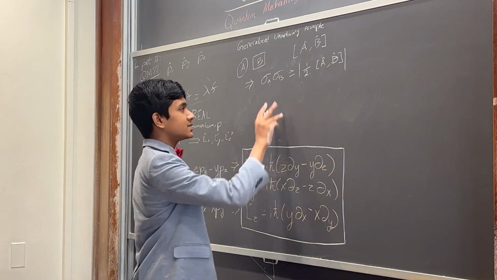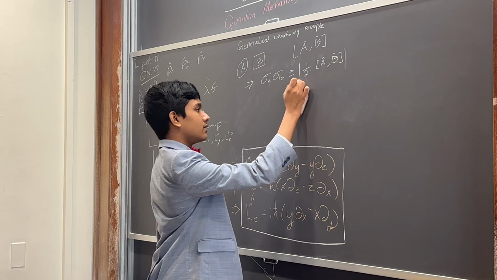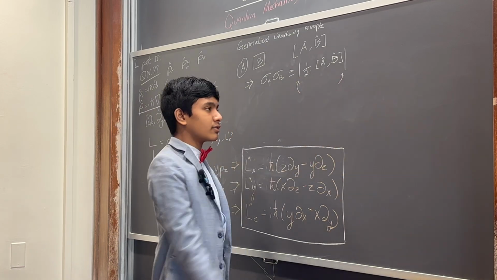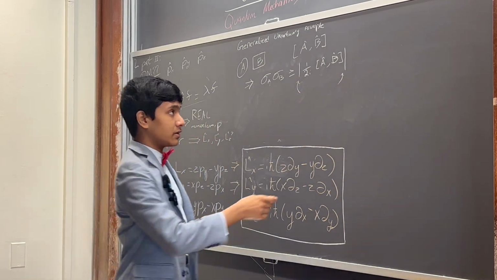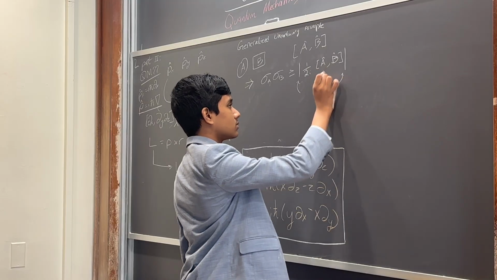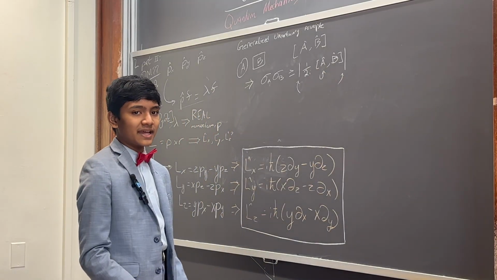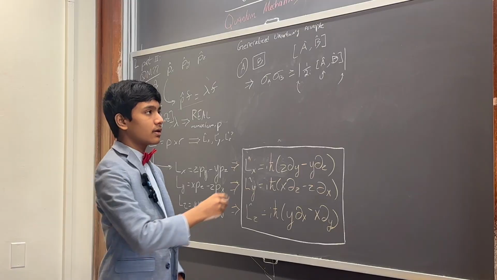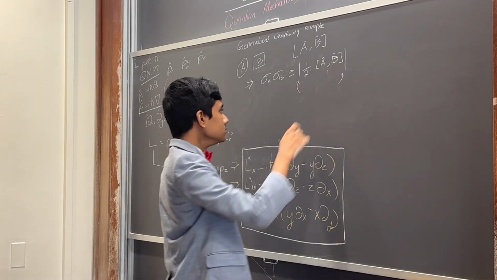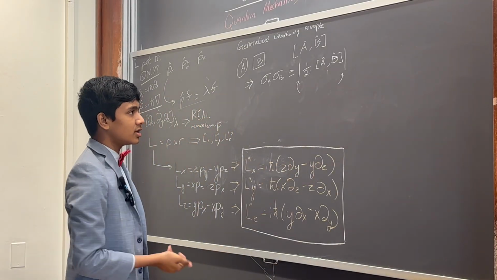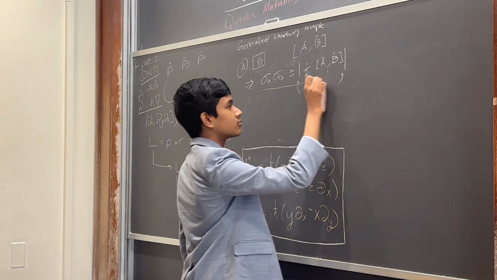And that should give you an intuitive reason for why the absolute values are there, since commutators are skew symmetric. If you reverse the order, it becomes negative. So there we go. We have that this is true.